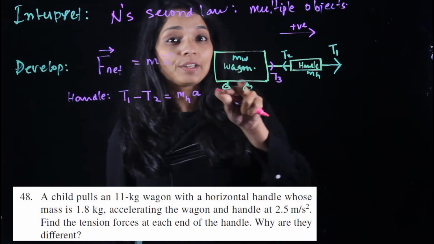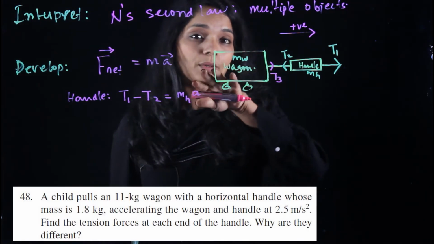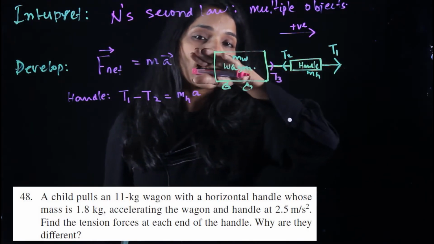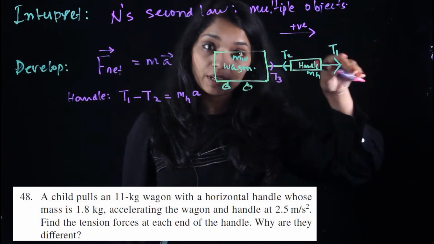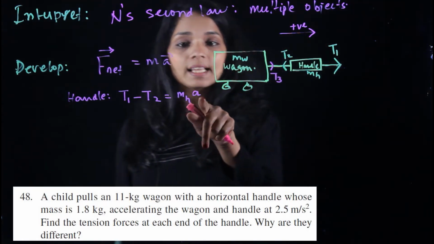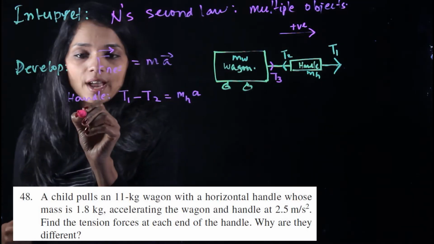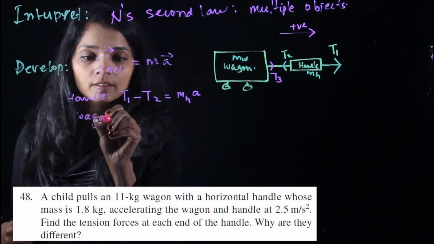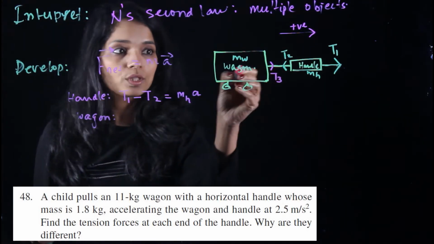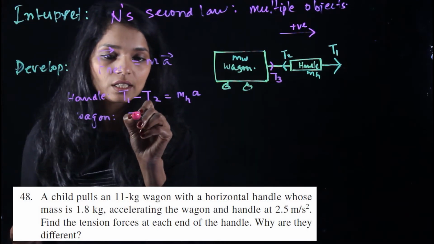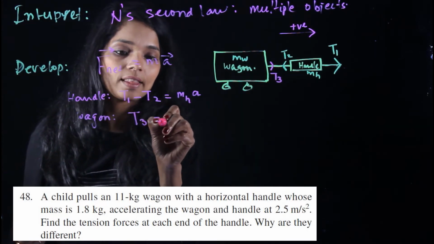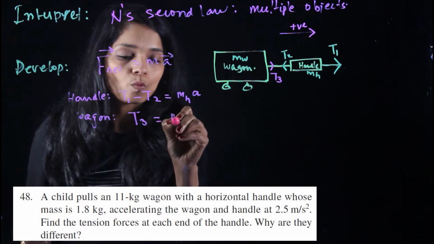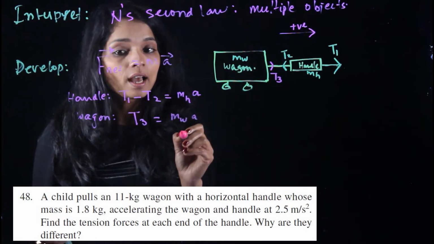One thing we should remember is that if two objects are connected and accelerating, the whole system will have the same acceleration. And for the wagon, the net force is just T3, the only force acting on it, and that equals M wagon times A.